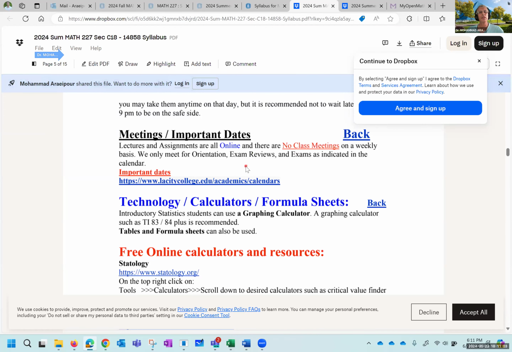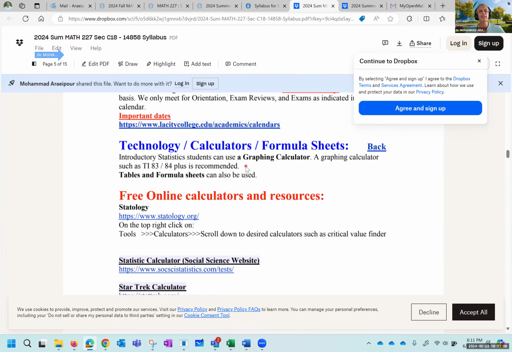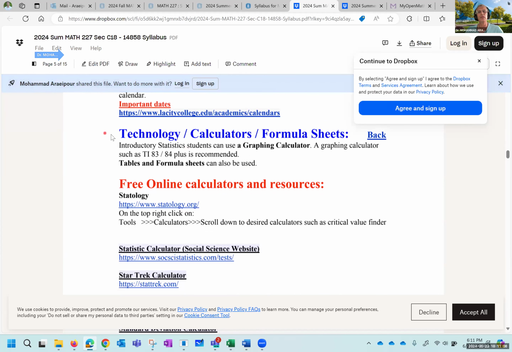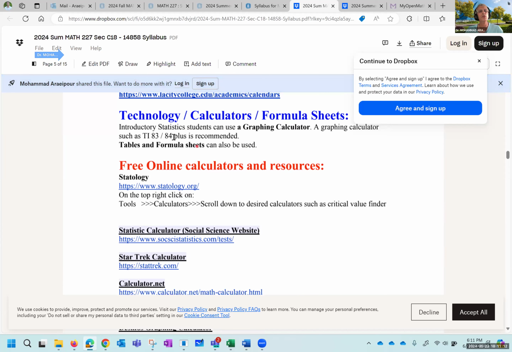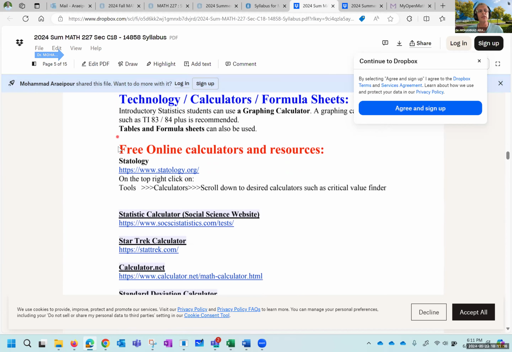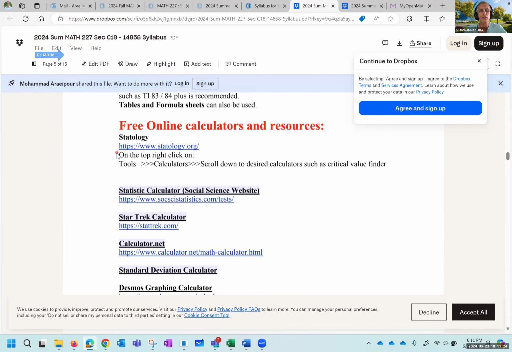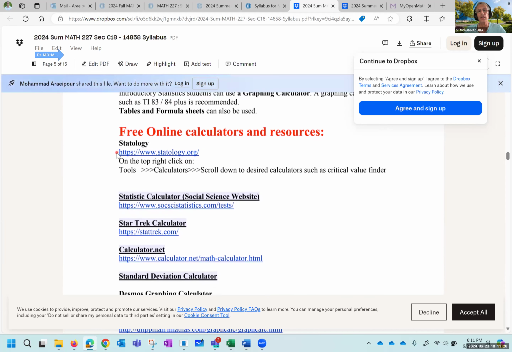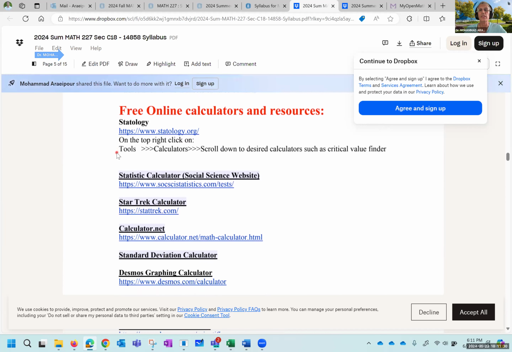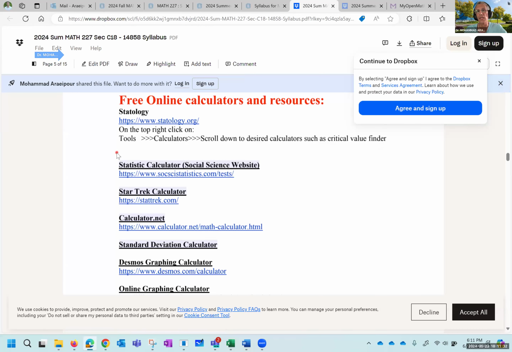We have meeting and important dates, technology, calculators, formula sheets. You can use a formula sheet. You can use a TI calculator. I have put a lot of free resources, and I'll show you those again when we go to MOM. These are free calculators. If you don't have a TI calculator, or you don't have access to Excel, you can use free online calculators.